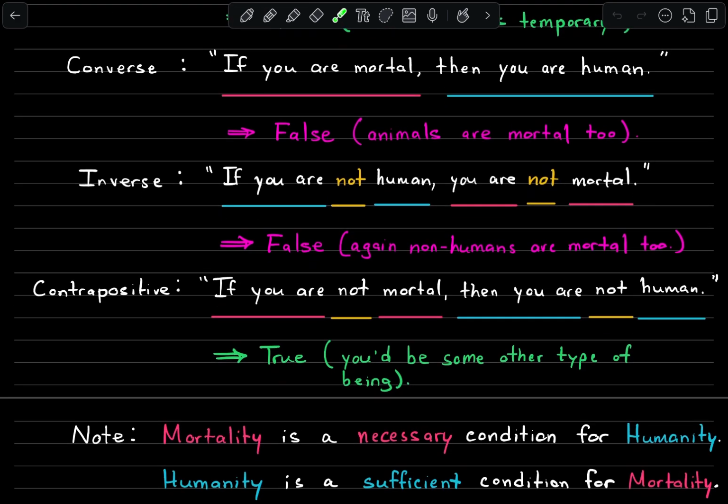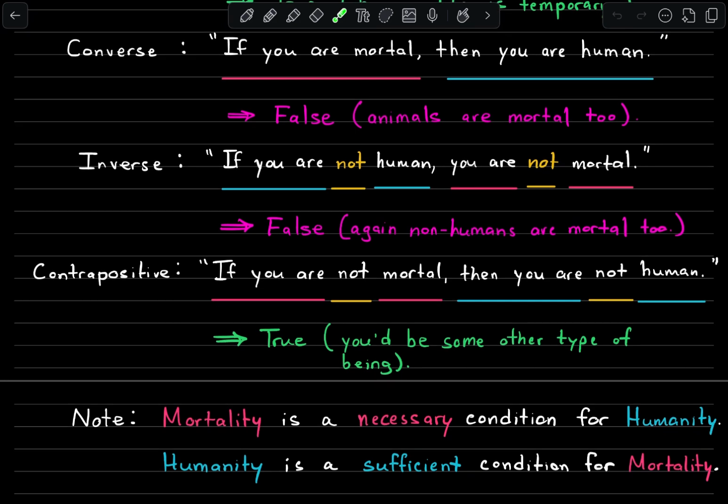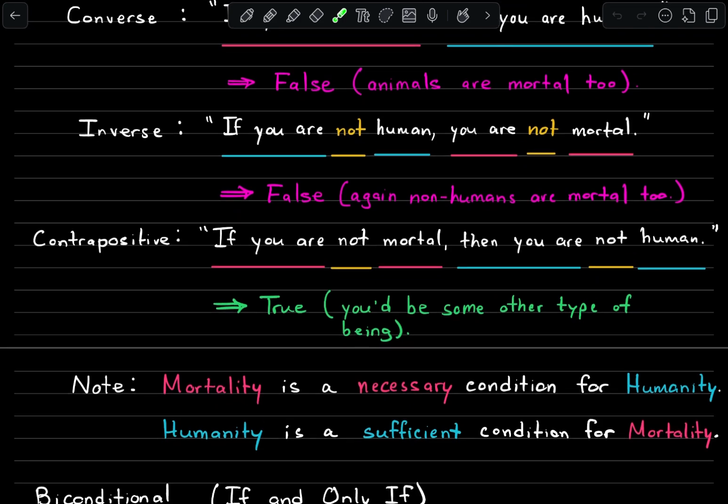And then humanity, so being a human, is a sufficient condition for mortality. So if you are human, that's sufficient enough evidence or information for us to conclude that you will be mortal. Okay? So that's with that example.